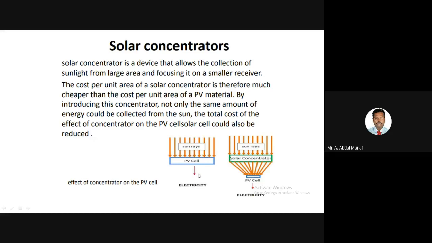For example, if you are getting 500 kilowatt power in the first figure, in the second diagram we can reduce the PV cell due to this solar concentrator. By using the solar concentrator we can reduce the PV cell dimension, and we can get the same 500 kilowatt power in the second diagram also.